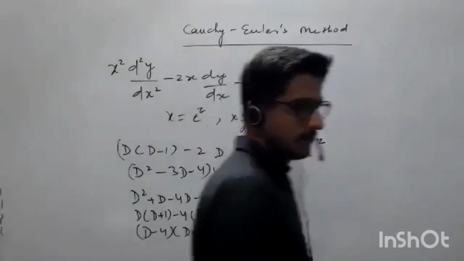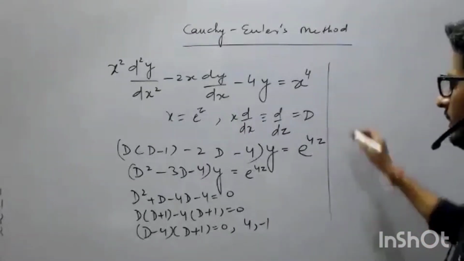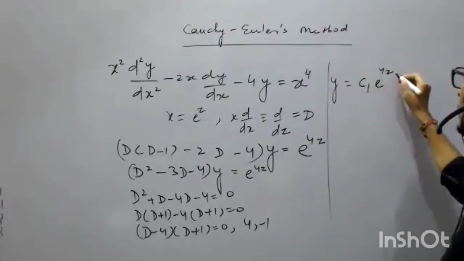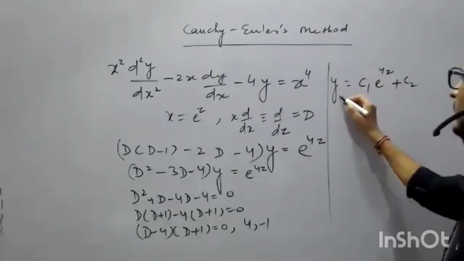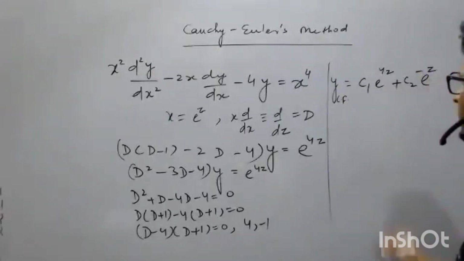So now the solution will be written as y is equal to c1 e to the power 4z plus c2 e to the power minus z. This is the complementary function.